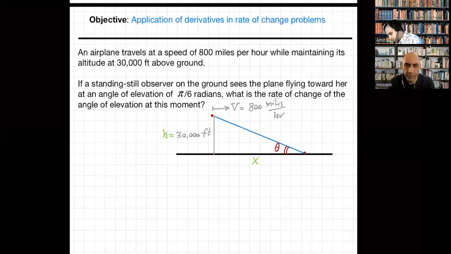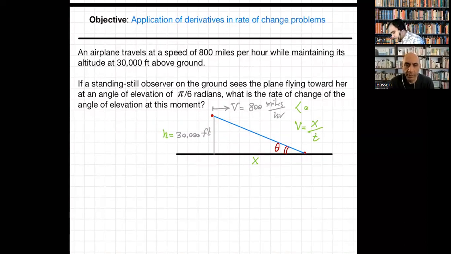Since x is decreasing, I'm going to conclude that this velocity is negative, because velocity is x over time. When x is decreasing, the velocity is also negative.